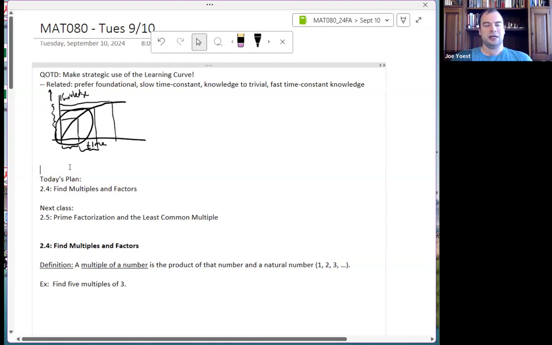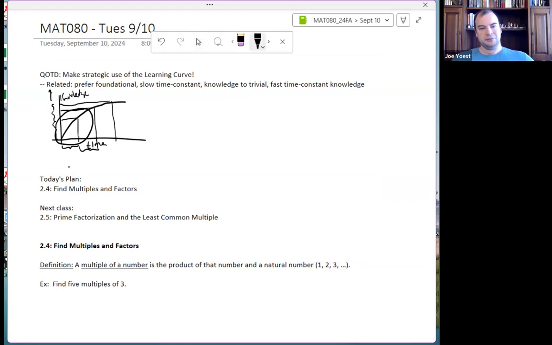So can you make strategic use of the learning curve? Can you say, this is a field that I want to go into, and I realize that by picking ancillary or somewhat related topics to that field, and putting a little bit of time in on each of those topics, I can really boost my knowledge related to that field quite a bit, because I can take advantage of this beginner increase in knowledge that increases very rapidly, and maybe be better than average, better than 50% of people or whatever.